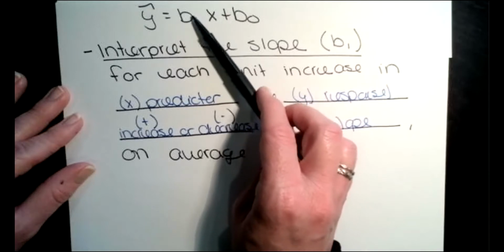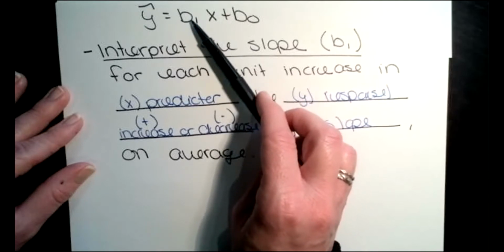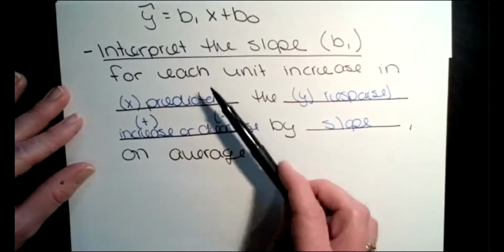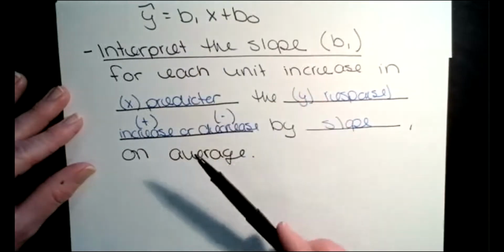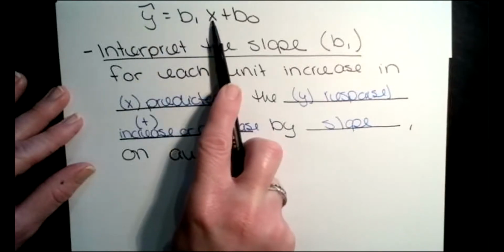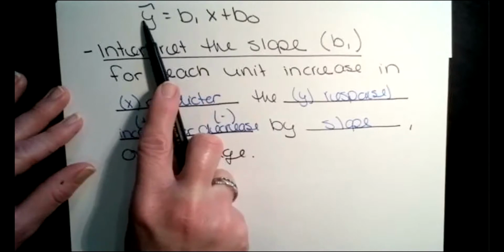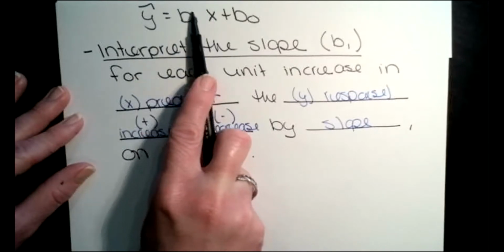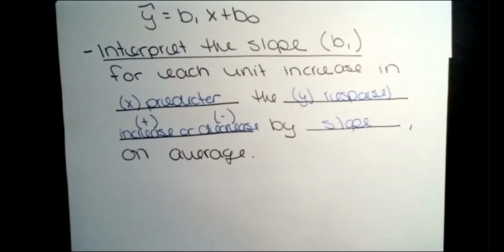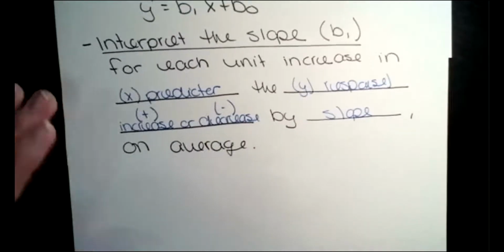If it's a positive number, it will increase; if it's negative, it will decrease by this amount. So Y is directly related to X. For every X increase, Y will increase or decrease by this number. We're just interpreting the slope, putting it into words.